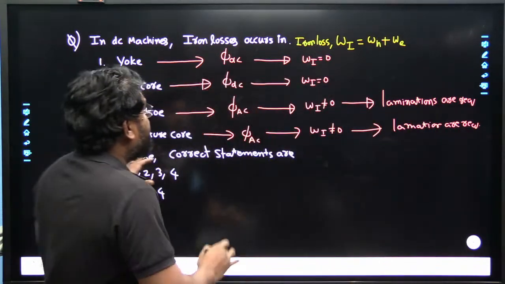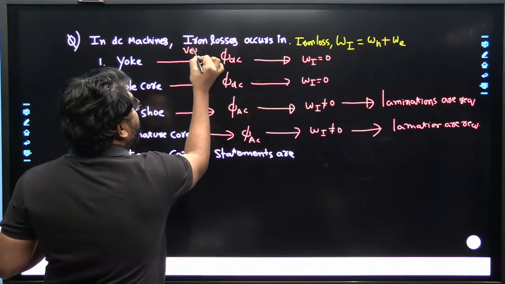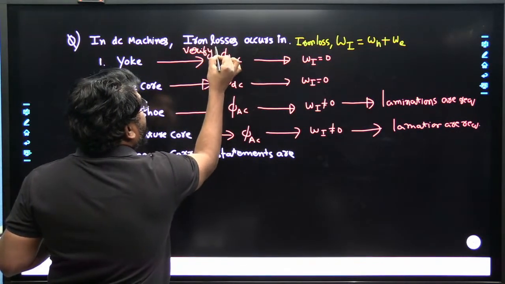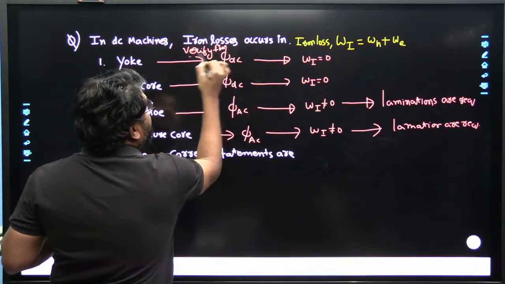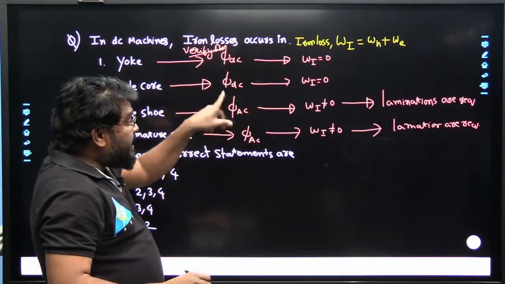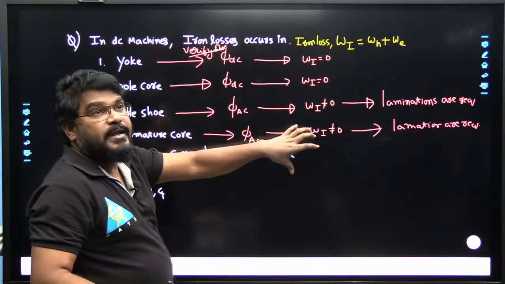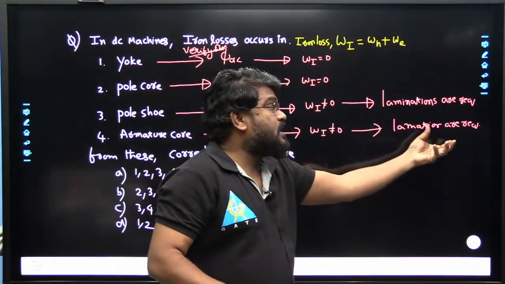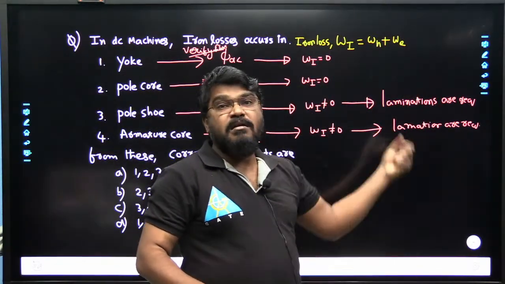First, we have to verify the flux in the material. If the flux is DC, there are no iron losses. If the flux is AC, there is a possibility of iron losses, so laminations are required to minimize the iron losses.